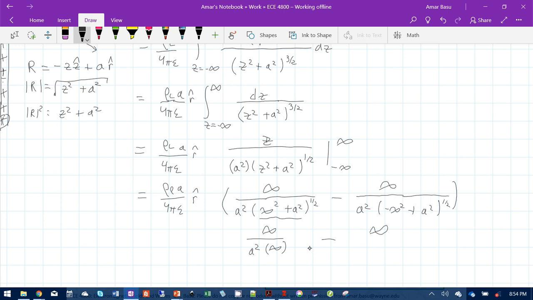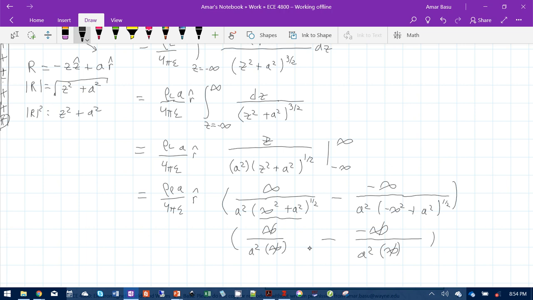All right, and then on this side, infinity over A squared times the same thing as here, right? So if you use L'Hopital's rule or you just use common sense here, you'll see that, as these numbers get very large, they will cancel out, and that A squared term in there will go away.